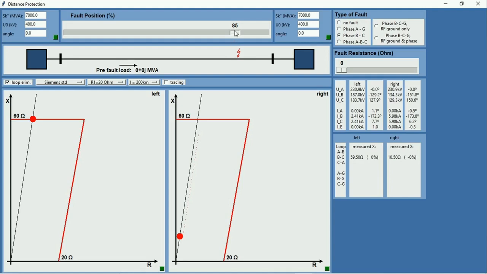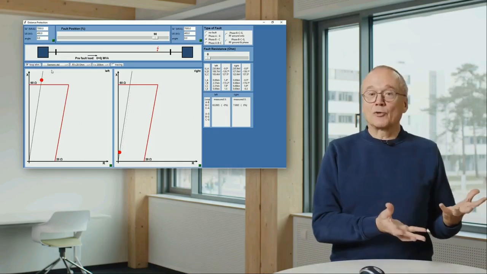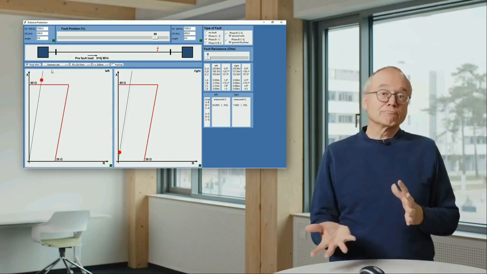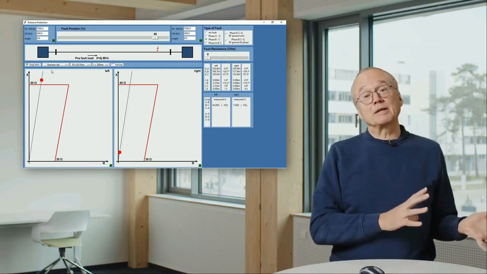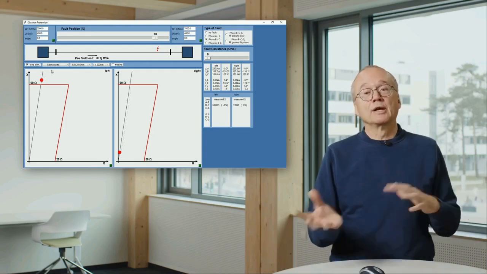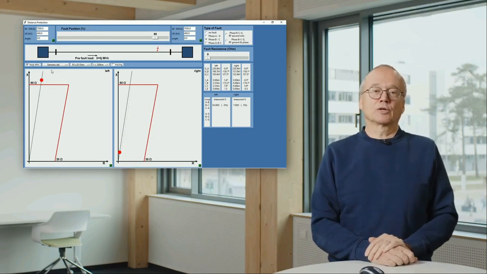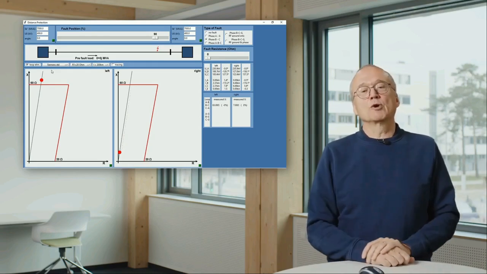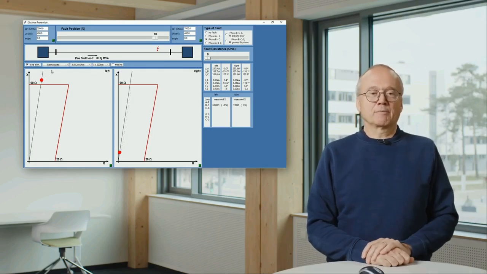That means if we have a fault at maybe 90% of the line, then the left relay will see the fault outside the first zone if we have no measurement errors. If we take into account the measurement errors, it may see it inside or outside, depending on in which direction the measurement errors go. And we know Murphy's law, which says that the measurement errors always go to the wrong side.